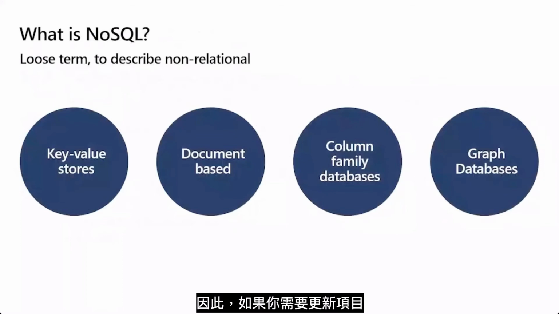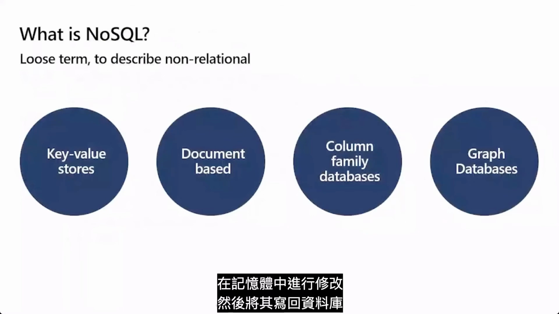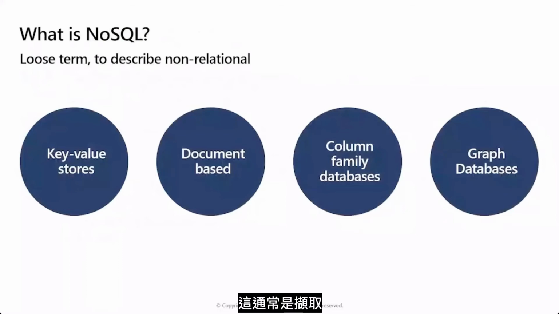So if you need to update an item, you must first retrieve the item, modify it in memory, and then write it back to the database. The focus of a key value store is the ability to read and write data very, very quickly, and that's why search capabilities are secondary.